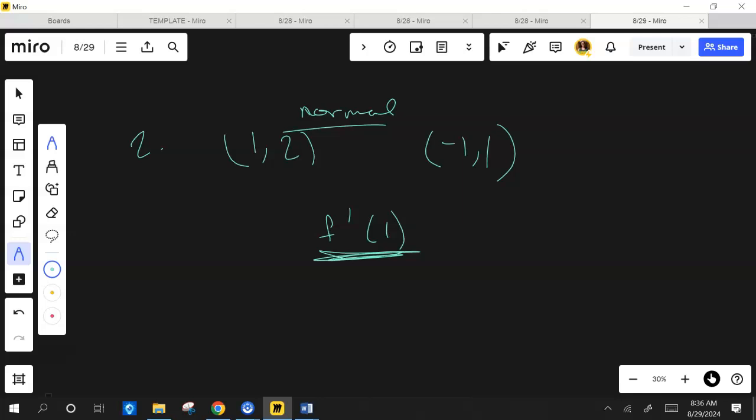So let's find the slope of the normal line, and Miguel's right, let's just flip it, right? So the slope of the normal line is going to be 1 minus 2, -1 over -1 minus 1, -2, so 1/2, which means the slope of the tan line is going to be -2.